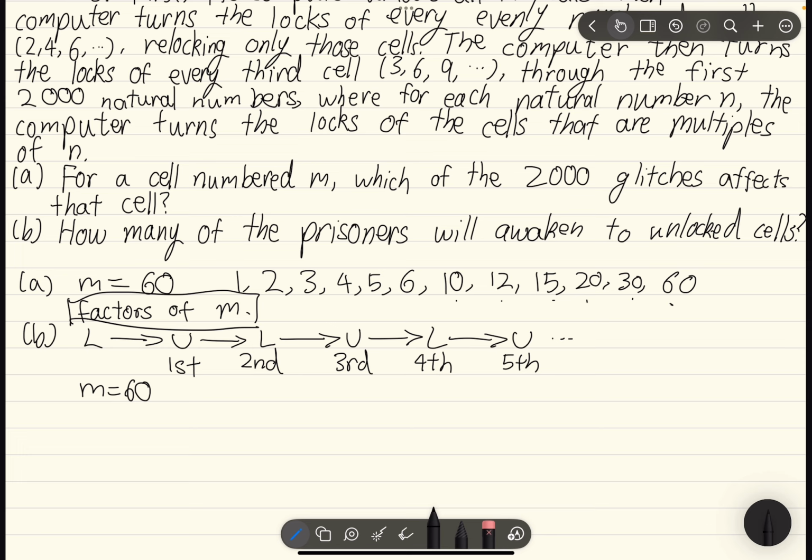For any number, factors are paired up, because factors are basically A times B equals M. A and B are both factors if they're integers. And here we're talking about positive integers because these cell numbers are positive. So factors come in pairs.